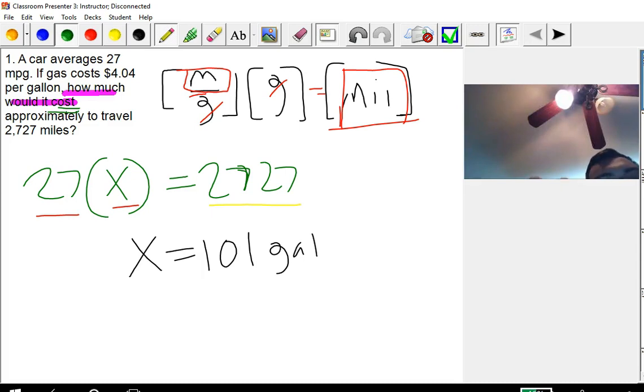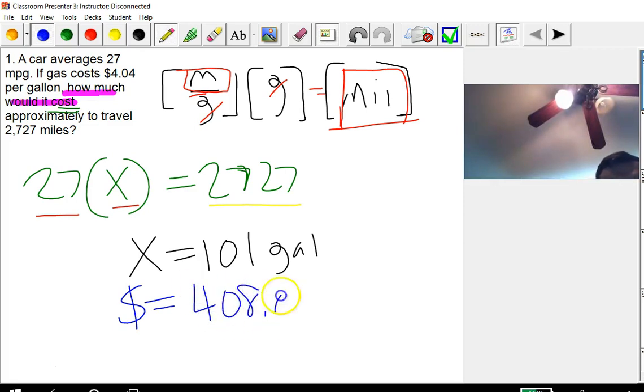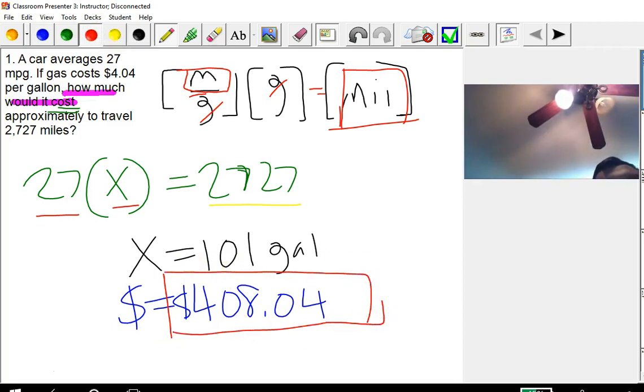It comes out to $408.04. Let me write that out: price, money, equals $408.04. That is, in essence, the answer to that problem.